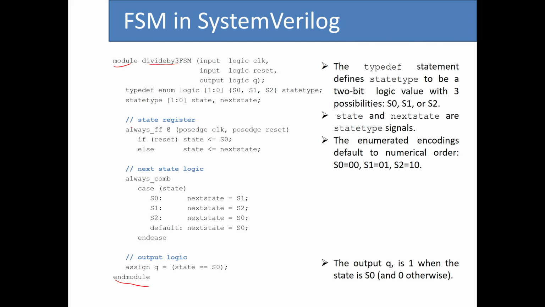These are the three components that we have for the system. This one is the flip-flop or the register part. This one is the next state logic unit, the combinational logic circuit that calculates our next state, and this one is the output logic unit.